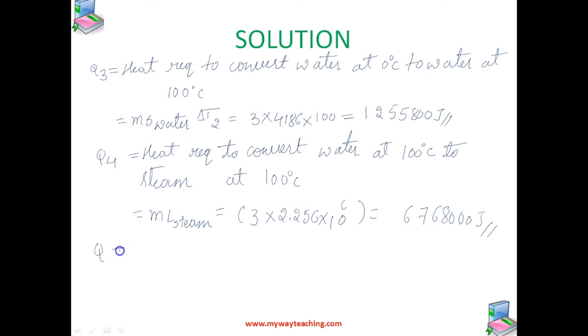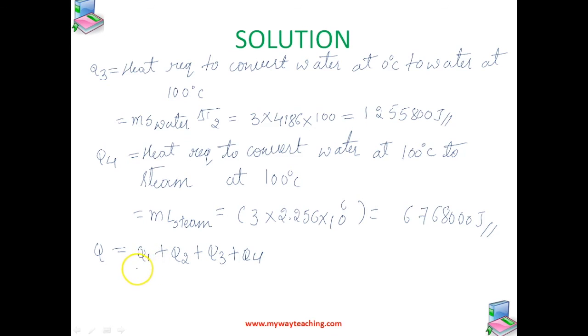So we know that the heat required to convert 3 kg of ice at minus 12 degrees Celsius to steam at 100 degrees Celsius is given by Q1 plus Q2 plus Q3 plus Q4.